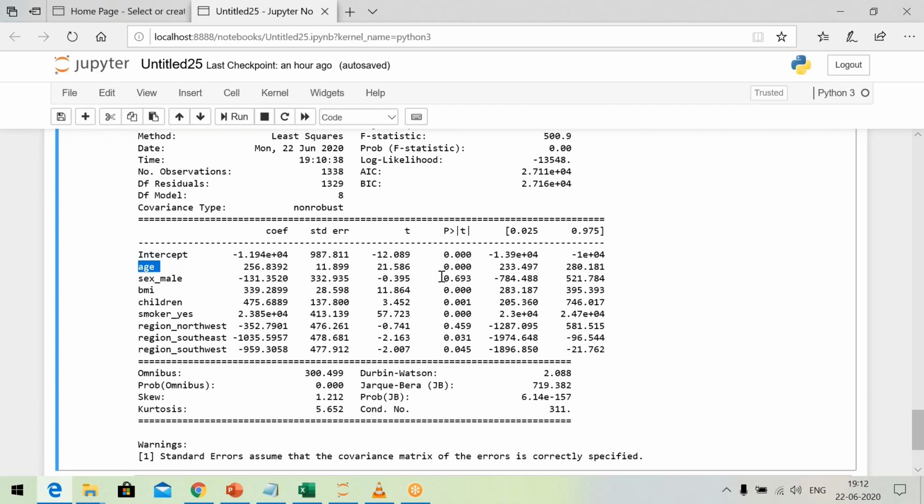So this is the most important meaning conveyed by the p value. Similarly, have a look at this value, which is greater than 0.05. That means gender is not important. We can throw it away, we can remove it from the model, no harm. It does not influence the value of expenses.